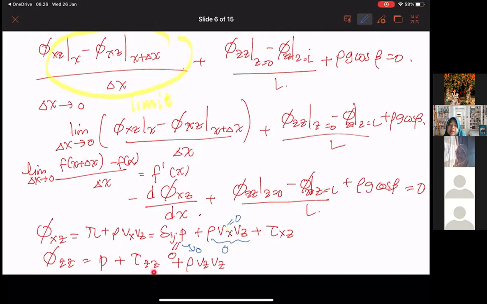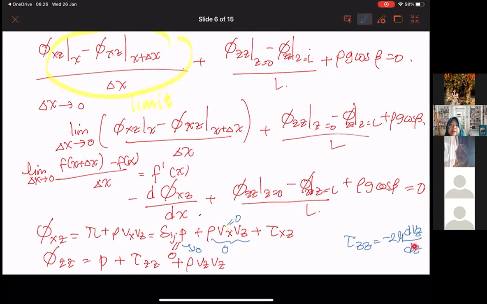If you think about it, tau z is actually minus 2 mu d phi z over dz. Do we have a difference of the velocity in the z direction? Ada perubahan kecepatan pada arah z?